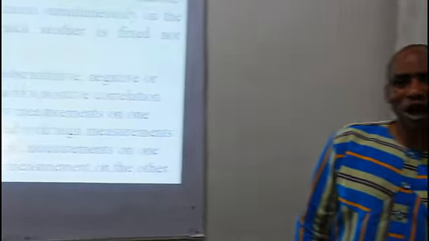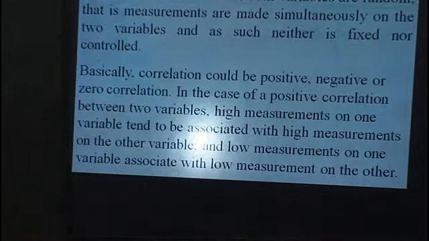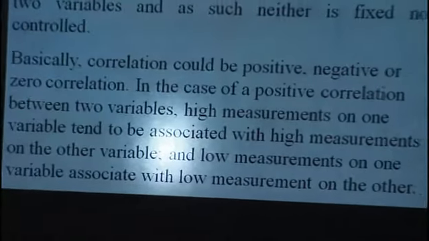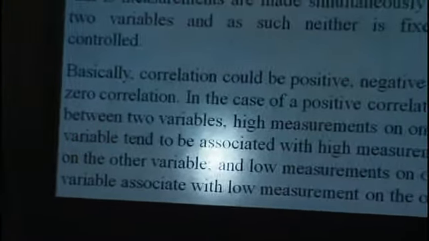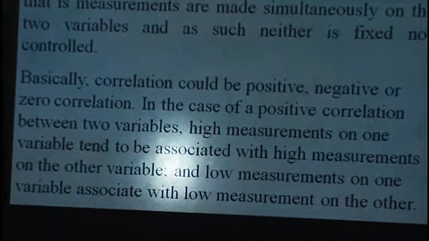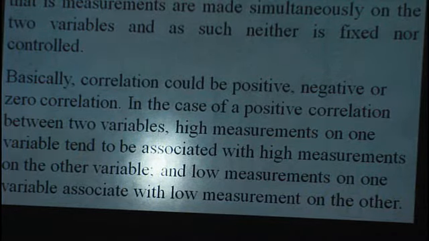Then we move on to the aspects of correlation. Basically, we have three main aspects of correlation: the positive, the negative, and the zero correlation.